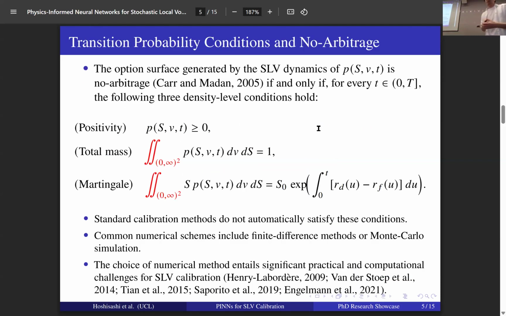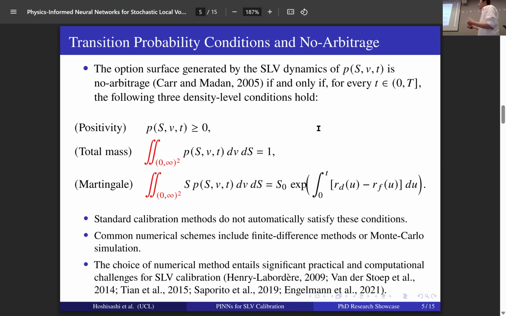But we need to think about more. That P is a probability density function, so it needs to satisfy several conditions related to the no-arbitrage condition from the finance aspect. Of course P is the probability density function, so it should be positive, number one.